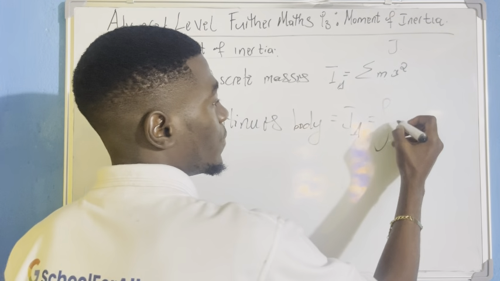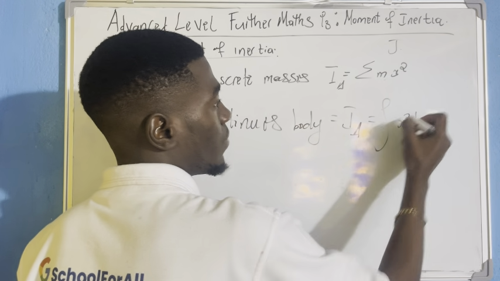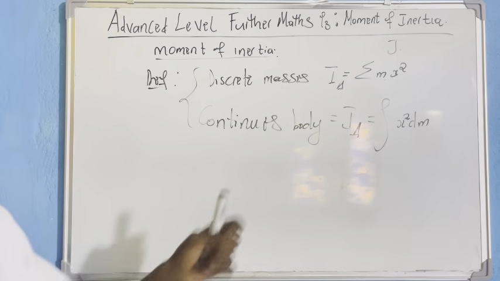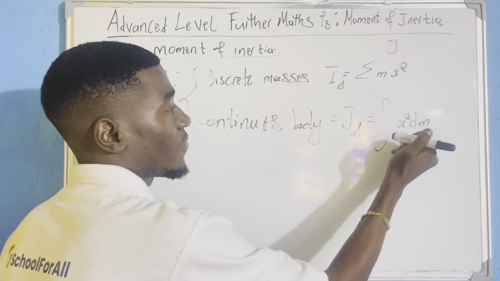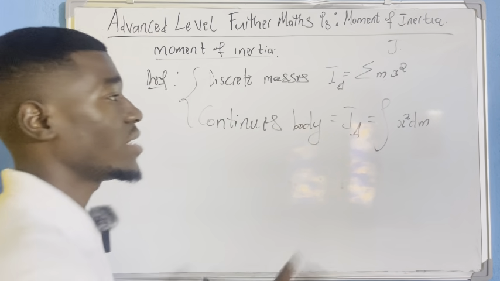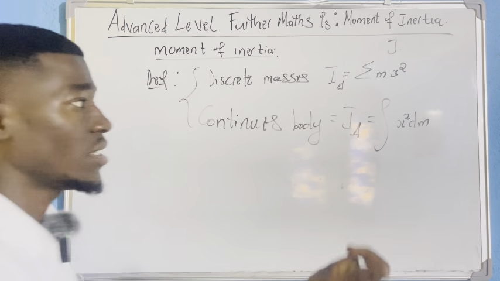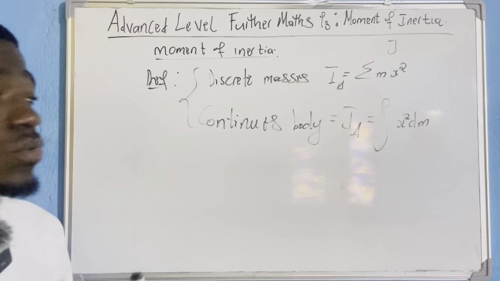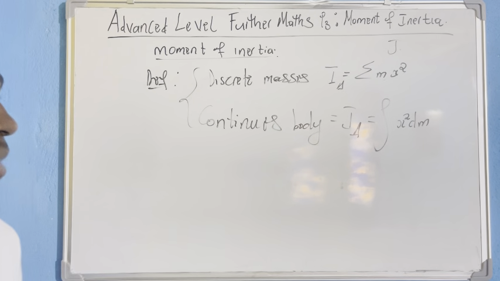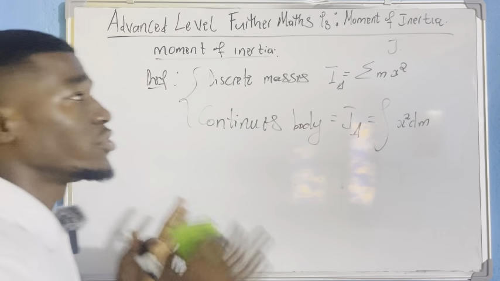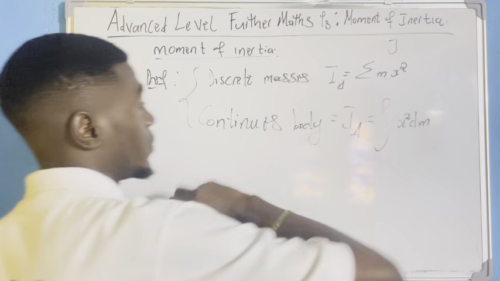The moment of inertia of a continuous body is the integral of x squared dm, where dm here is the elementary mass of the continuous body, and x is the distance from the mass to the axis of rotation. So those are the two formulas you should note and master about moment of inertia.